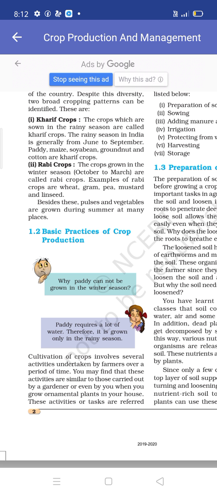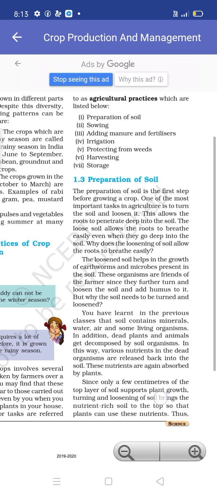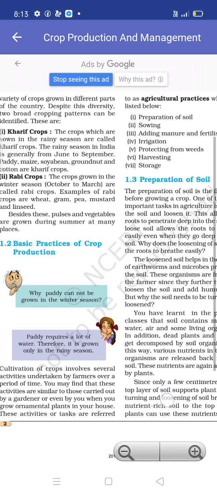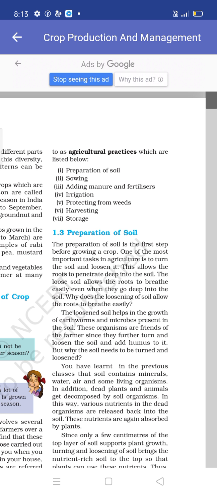These are the tasks performed by the farmer for crop production, that is, how crops will grow on the soil. These activities or tasks are referred to as agricultural practices.